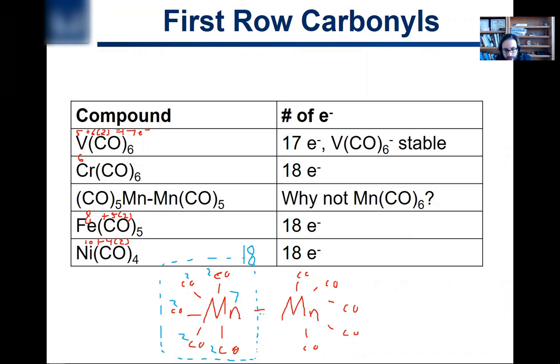So you can use the 18 electron rule to rationalize the structure of a lot of these complicated carbonyls. Remember there's 2 electrons in a bond formally, usually. And because you're sharing 2, each manganese gets an extra 1 from the other one.